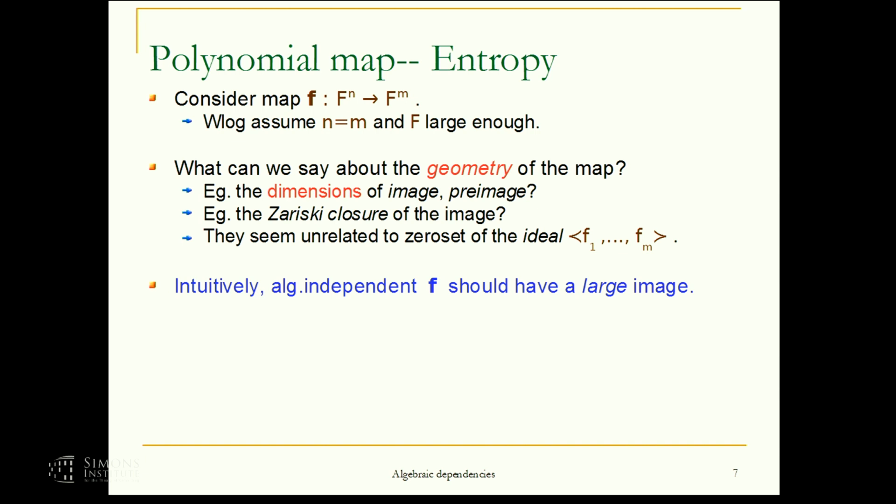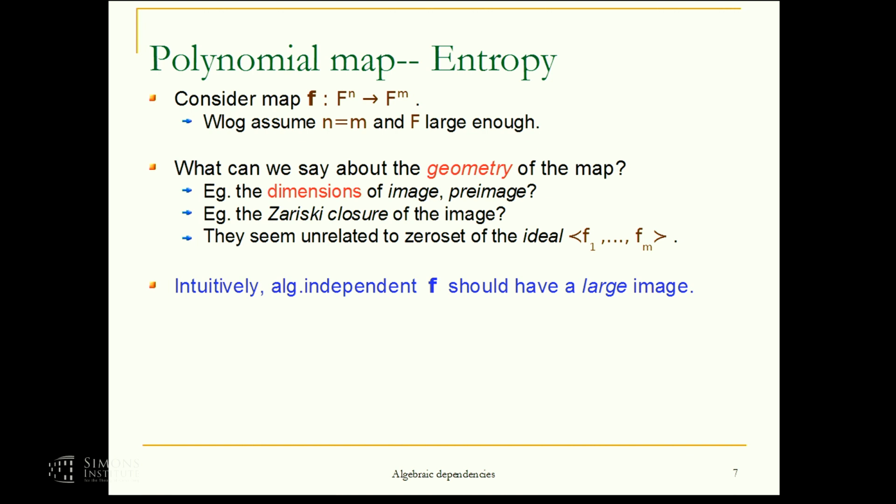The entropy behavior here should follow the following intuition: when these polynomials are independent, then you would expect the image to be large. The proof is by example. We take F1 to Fm as x1 through xn, and in that case the image is the whole space.